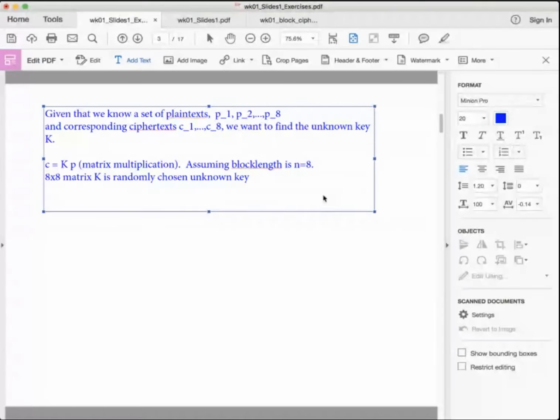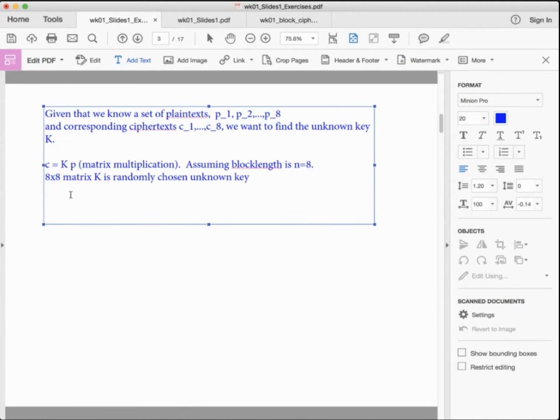Okay, what do I know? I know Ci is K times Pi, for i equals 1, 2, all the way to 8. How do I know this?